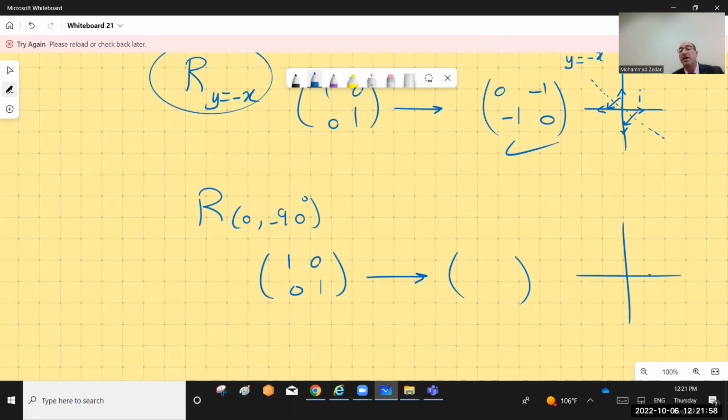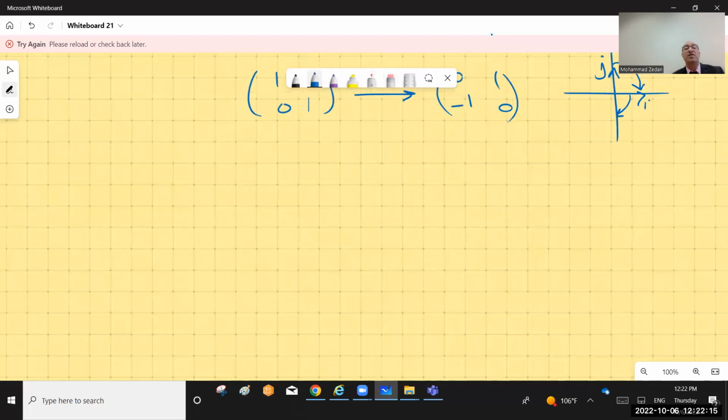So this is i, this is j, and the i rotated negative 90 will be here, will be 0, negative 1. j rotated will be here, will be 1 and 0. That's it, and so on.